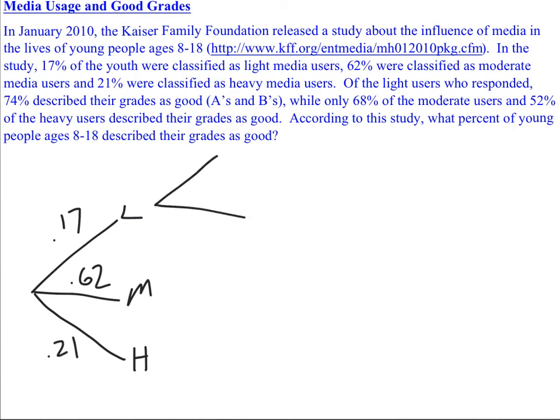Now we have all these conditional probabilities off of their grades. For those who said, right, this is their grades given that they said that they were low media users. Good, not good. The breakdown would be like that.